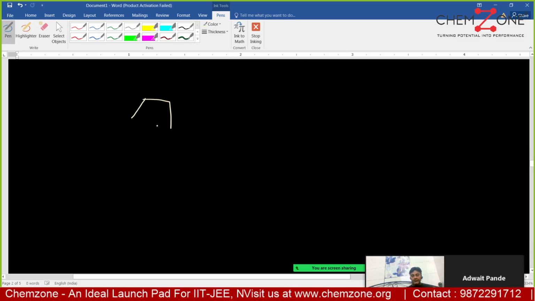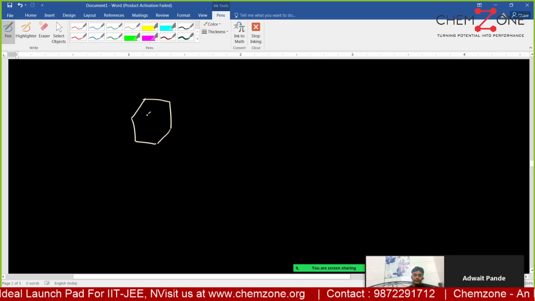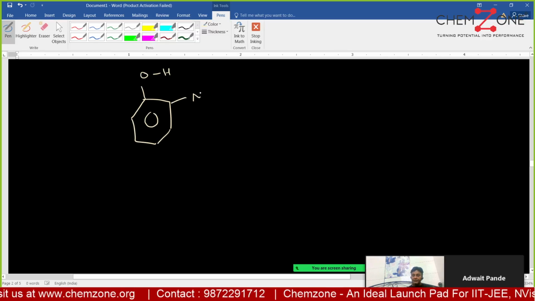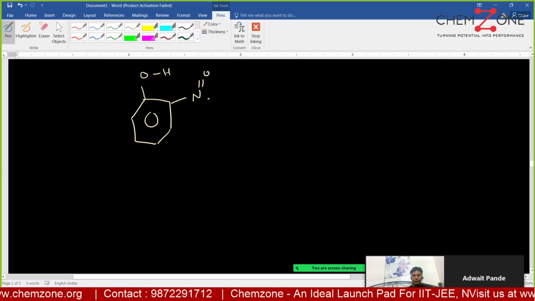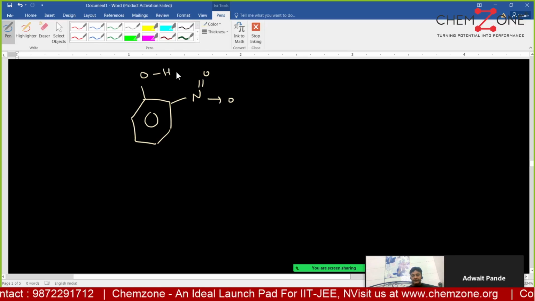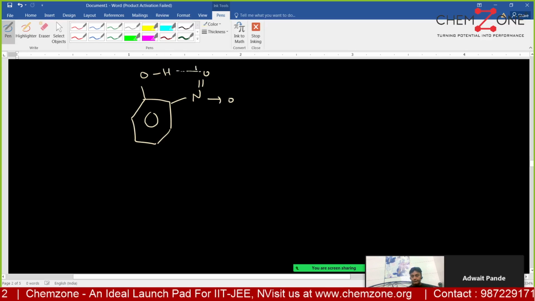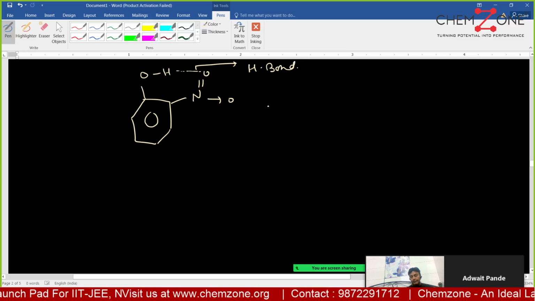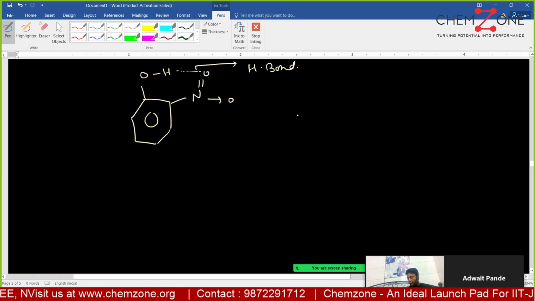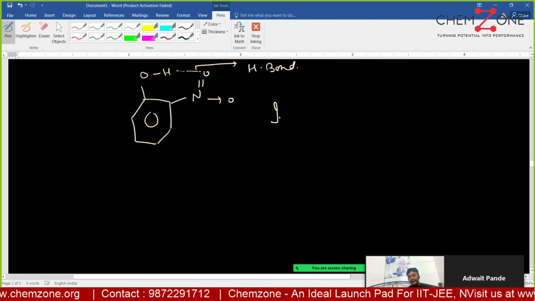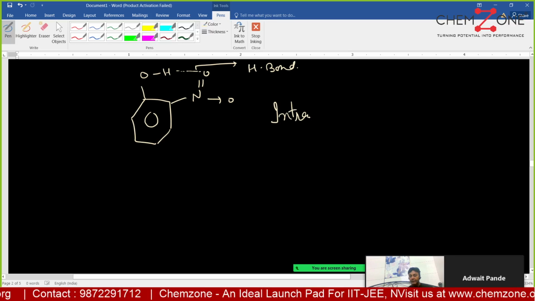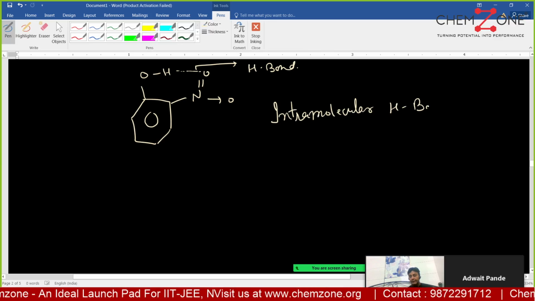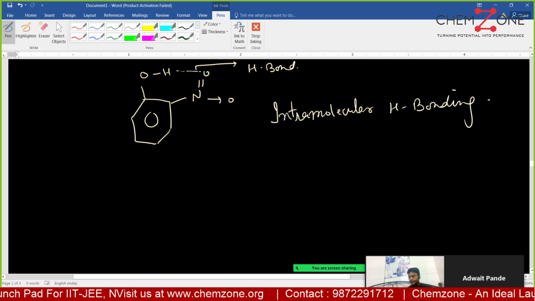Now I have an example of this, which is called phenol, and at this position, if I put here a nitro group, this hydrogen and oxygen bond here, again it's a hydrogen bond, but it is within the same molecule, so we call this intramolecular hydrogen bonding.